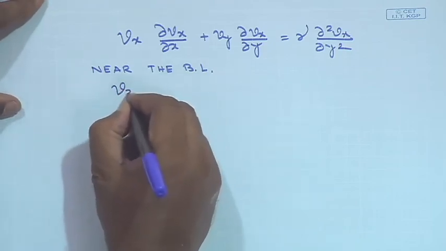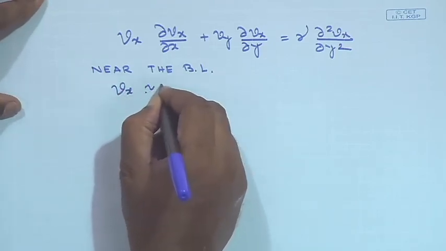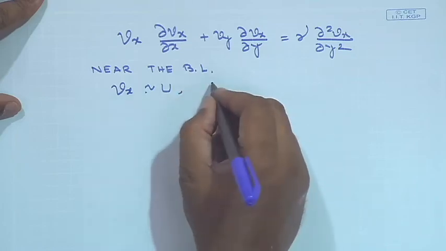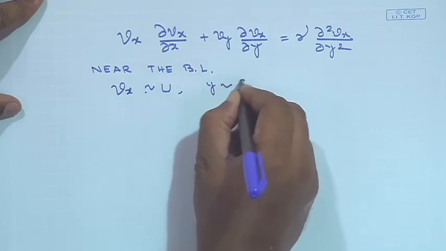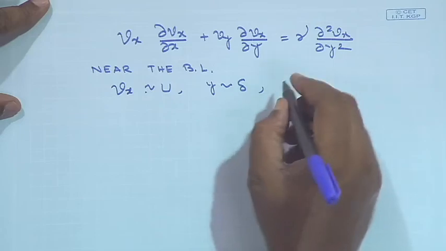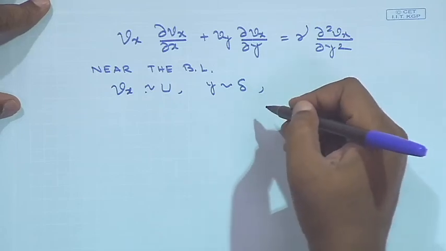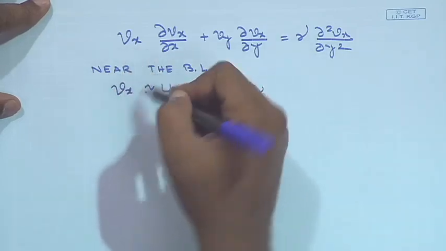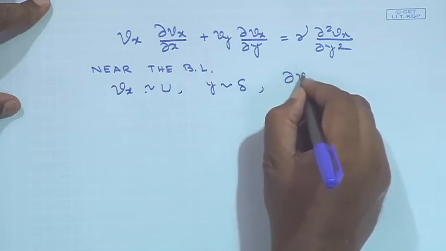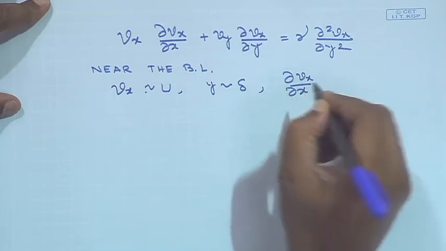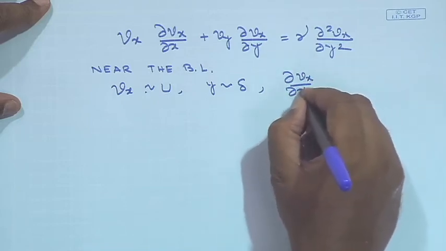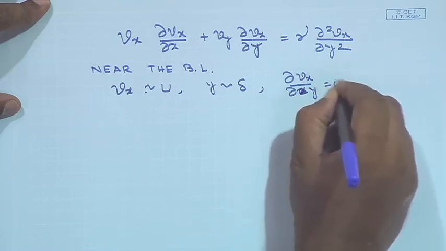Near the boundary layer, Vx is approximately equal to u, y is essentially equal to delta, and since the velocity does not change beyond the boundary layer, del Vx del y is going to be equal to 0.